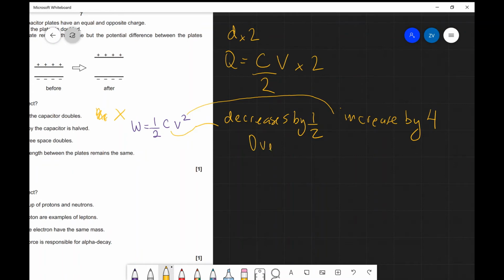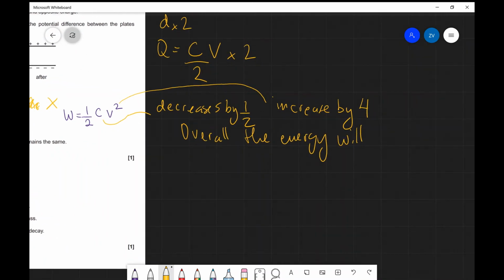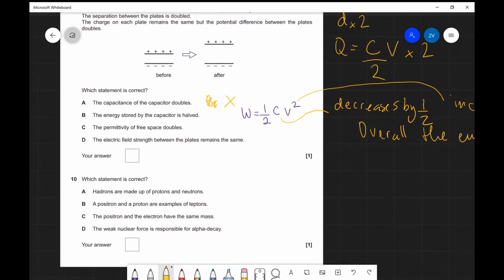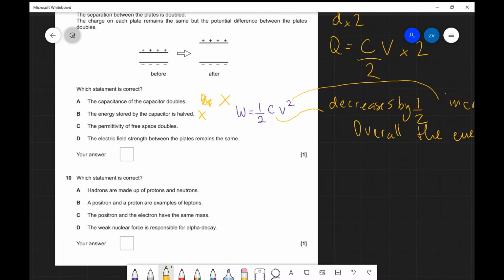So overall, the energy will increase by a factor of 2, which is a half times 4. So B is not going to be correct as well. C, the permittivity of free space doubles. Well, we know that that will never happen because the permittivity of free space is actually a constant.